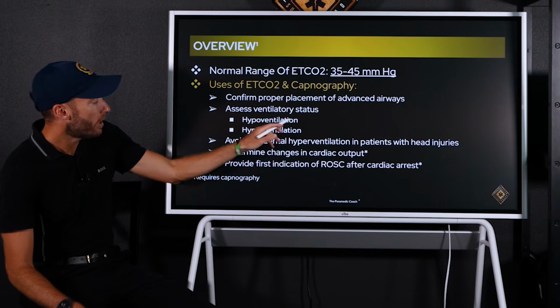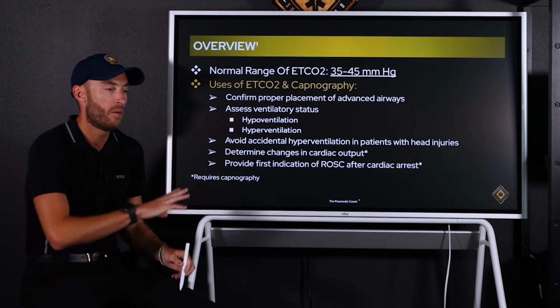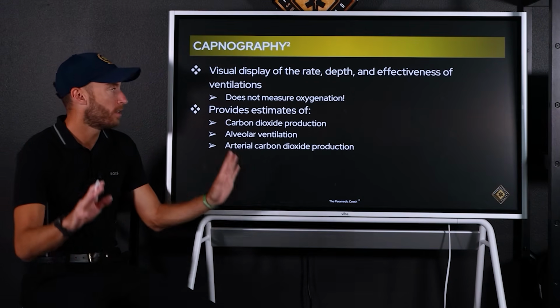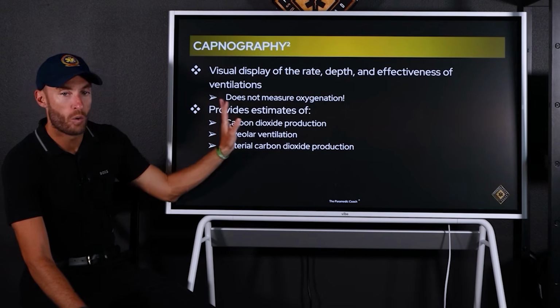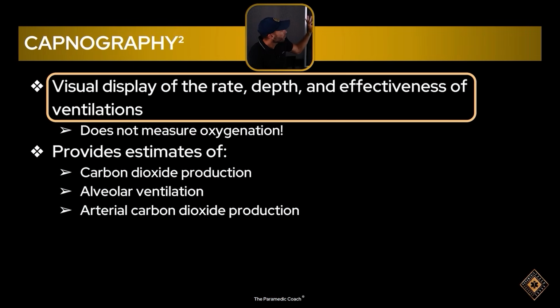Now the big one here, people mess up hypo and hyper, acid base. Hang with me, we're going over all that good stuff. First, we got to get down and understand this. Now, capnography, again, a quick overview for those folks that really struggle, is a visual display of the rate, the depth, and the effectiveness of ventilations.